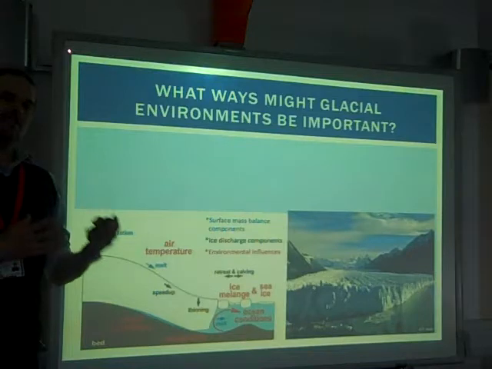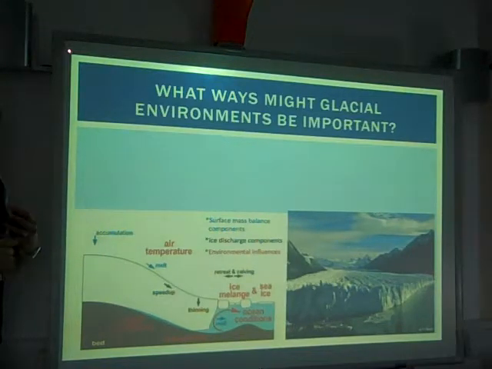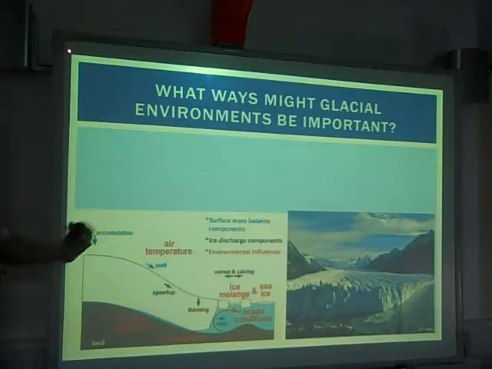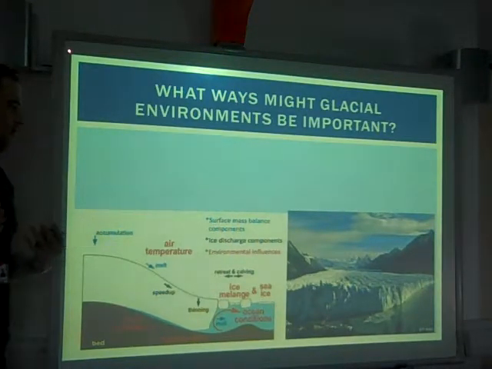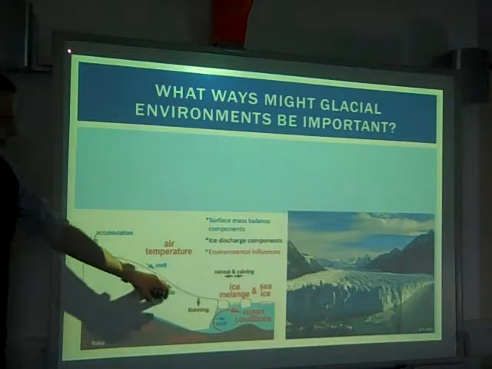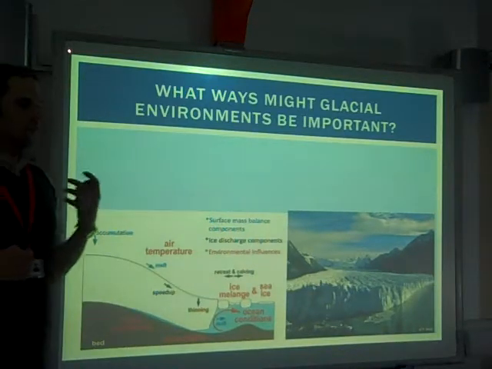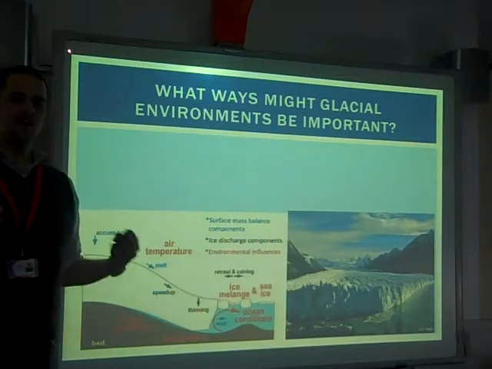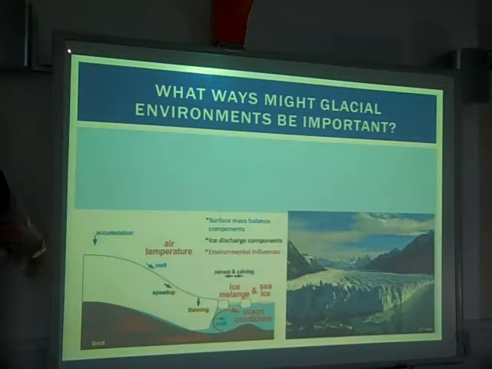It will change the balance and the temperature of the seawater. Also, what you have is you have the creation of icebergs, which can have a human impact. You also have the issue of meltwater, which could lead to flooding. The retreat of glaciers is also an issue, as it can create issues for humans in terms of tourism.